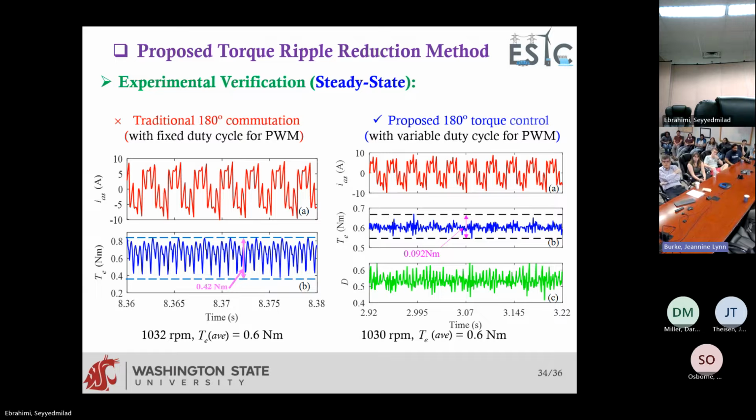So it is the 180-degree operation. It has high DC voltage utilization, but the drawback is that it has high torque ripple. Because of that, they usually use 120-degree operation. Yeah, 120-degree operation also has its advantages, but it has low DC voltage utilization because for 120-degree, one leg is not connected to DC voltage at all.